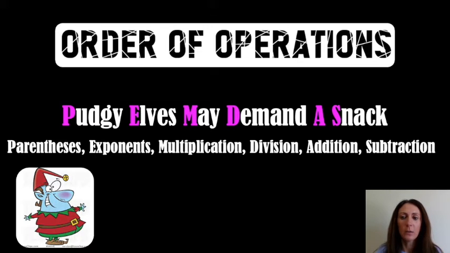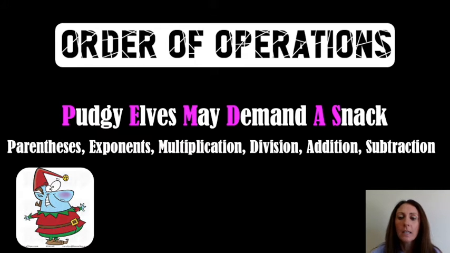I, as a student, long time ago, learned about order of operations, and my teacher was really awesome. She gave me a little saying in order to remember which operation I do first, second, third, fourth, and so on. And that saying is on the screen right now: pudgy elves may demand a snack. You can see that the first letter in each of those words is highlighted in pink to show you that the pudgy represents parentheses.